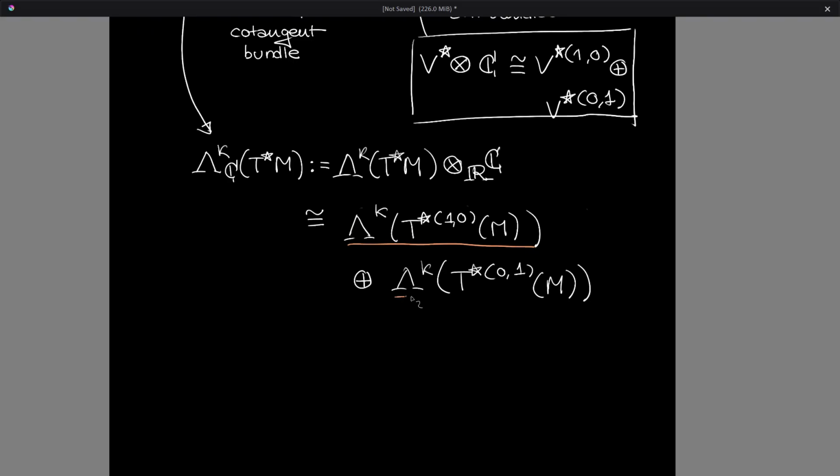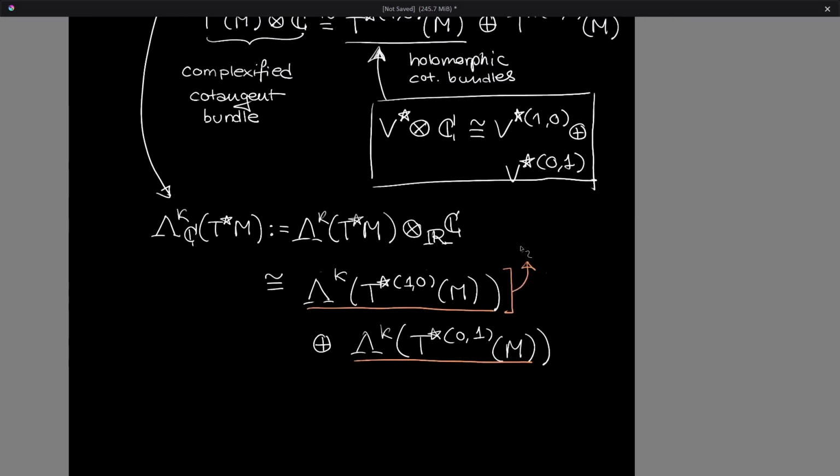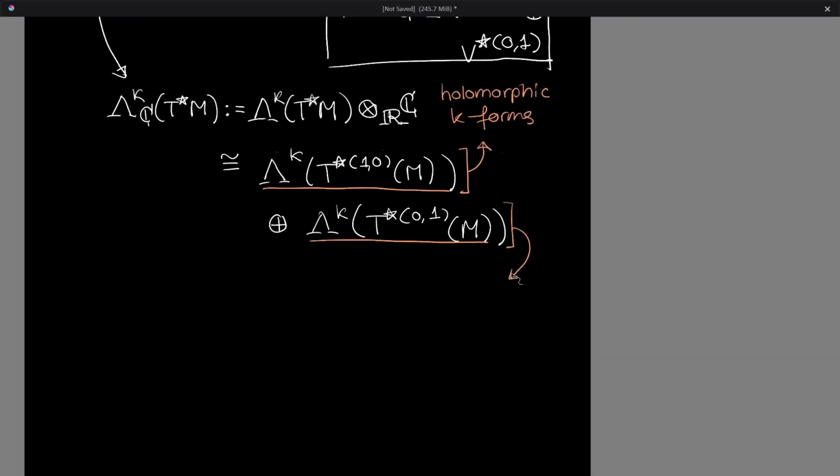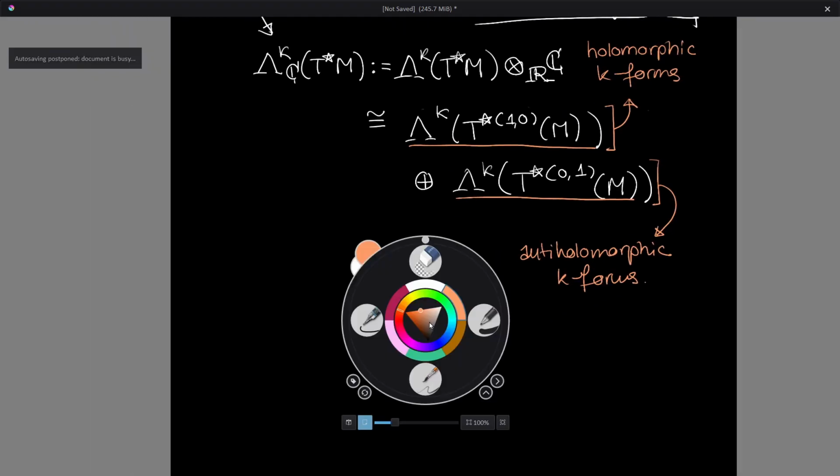So these are our two building blocks. These are the holomorphic k-forms, and these are the antiholomorphic k-forms. But what if they weren't both k-forms, right?